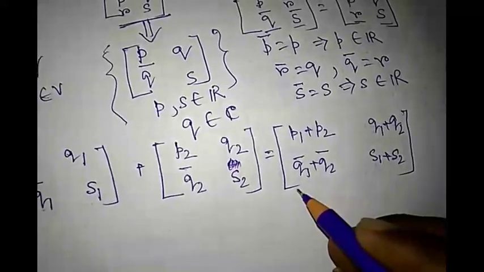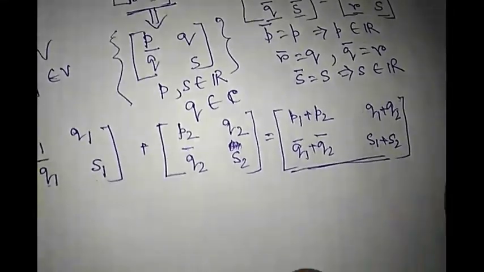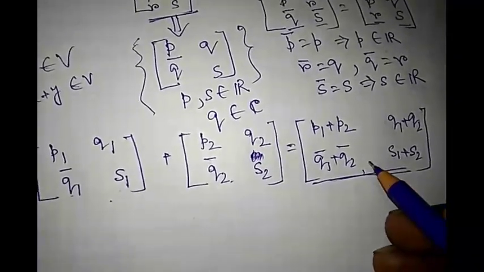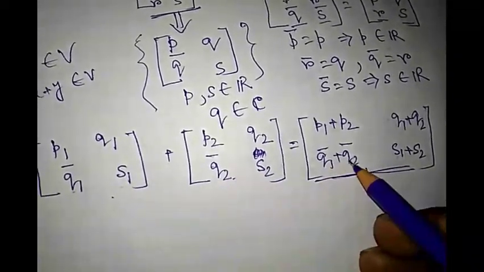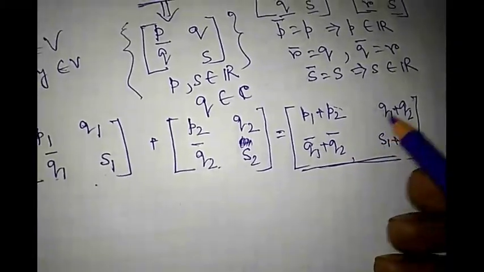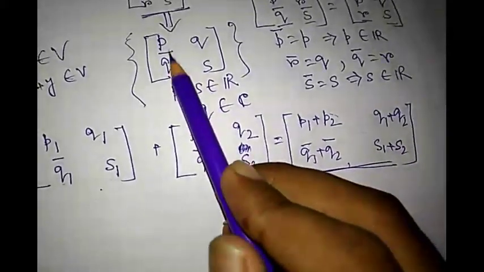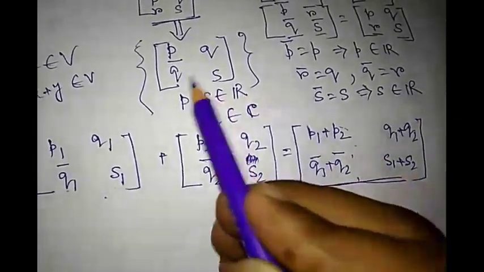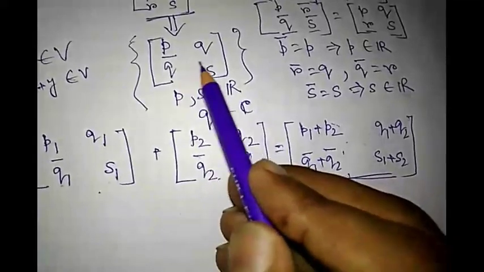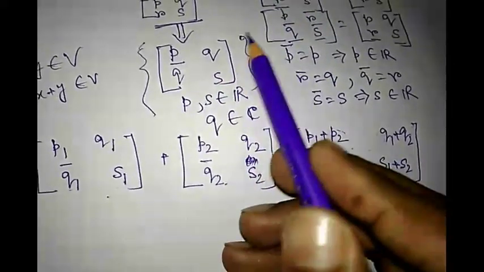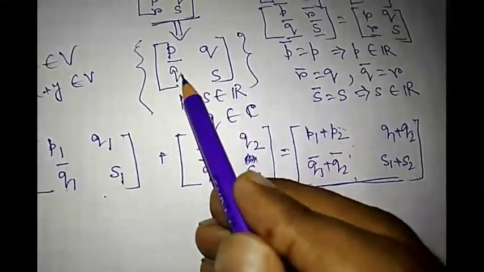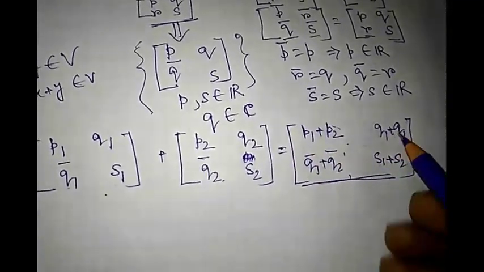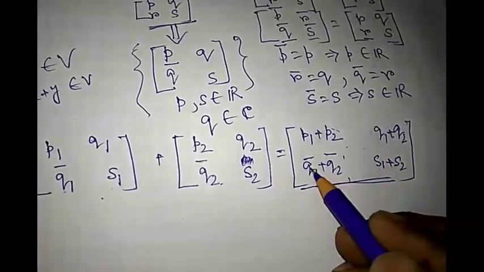Now we have to show that this matrix is also Hermitian, because the sum of two Hermitian matrices must be a Hermitian matrix, since the Hermitian matrices form a vector space. So we have to show that this matrix is of the form we found, because all 2 by 2 Hermitian matrices look like this. Now look here: P1 plus P2, Q1 plus Q2, and the other entry has to be the conjugate of Q1 plus Q2.